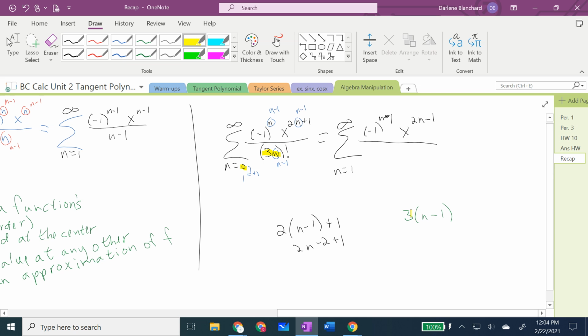So the 3n is 3 times parentheses n minus 1. And now they are identical. And so you can take any sigma formula you want and shift it any number of units you want either direction using that idea.